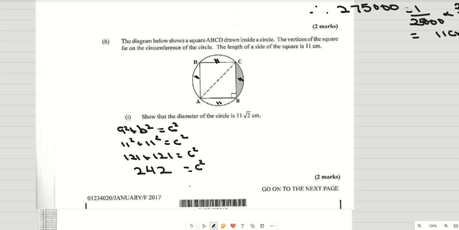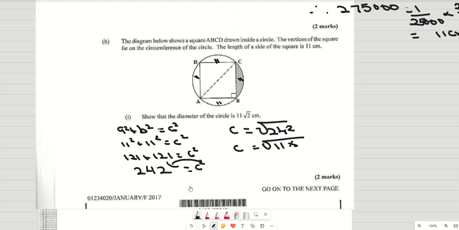Now, you want to find c. So c is equal to the square root of 242. And you have to recognize that 242 is 121 times 2.